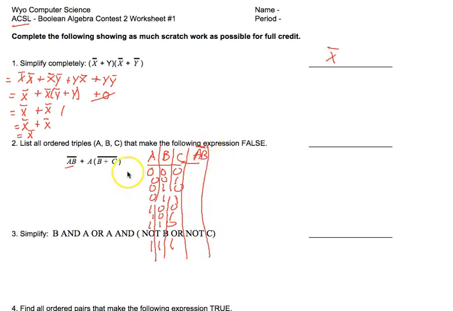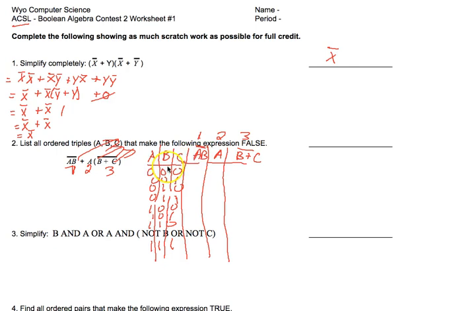I'm going to rewrite this A as column number 2 over here, which is really the same thing as that column, but I'm just giving it more space. And this inner expression, I'm going to rewrite here as column number 3. So I just broke this up into little parts.